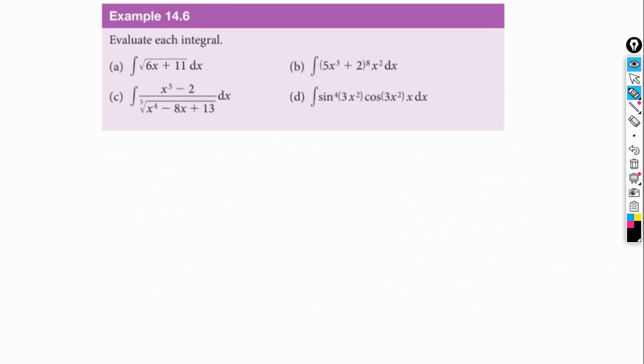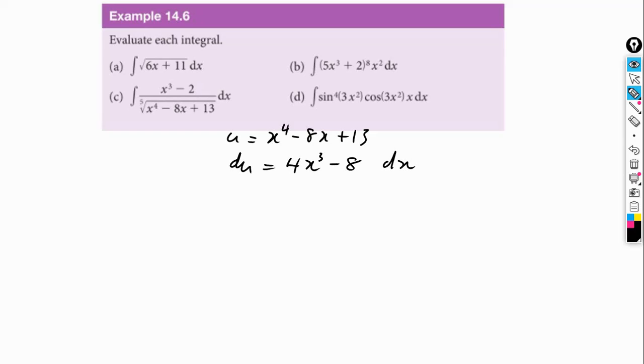Okay, so now we're going to do letter C, and for C, let's make u equal to x to the 4 minus 8x plus 13. Then the derivative of u would be 4x cubed minus 8 dx.